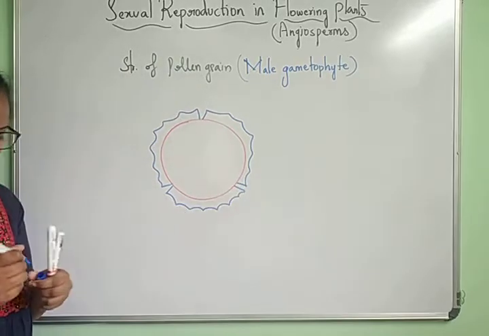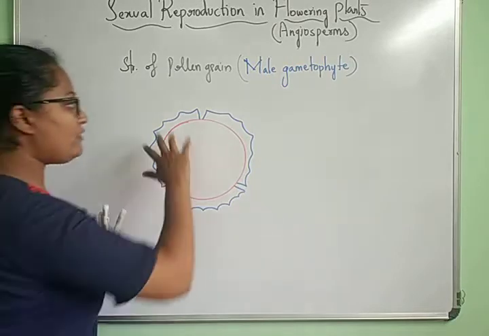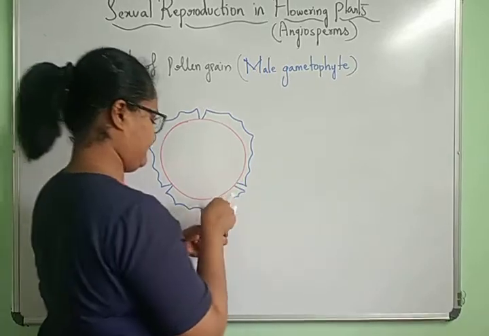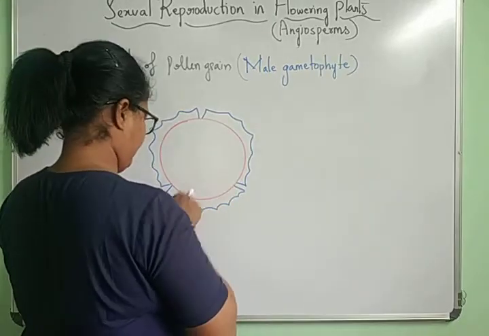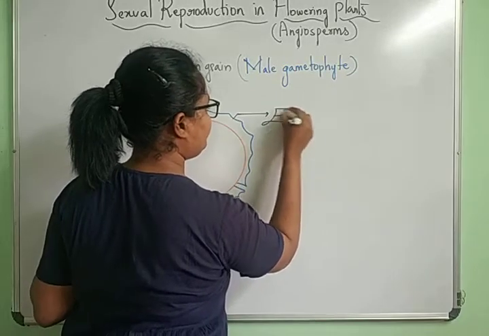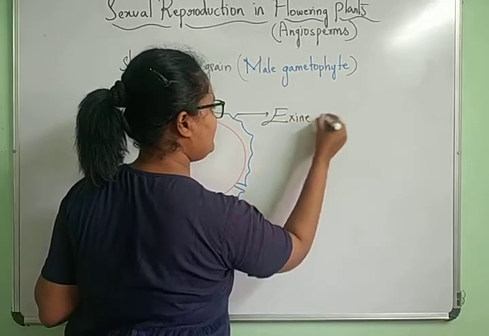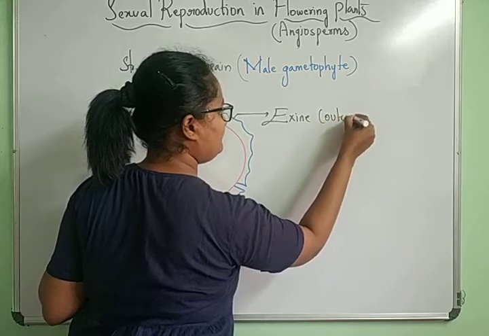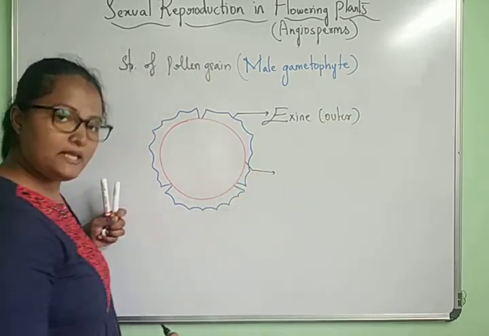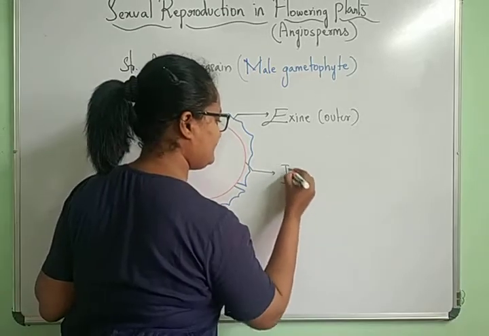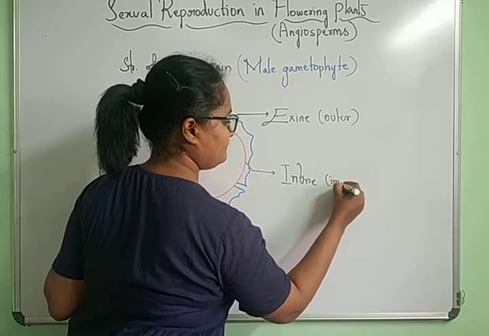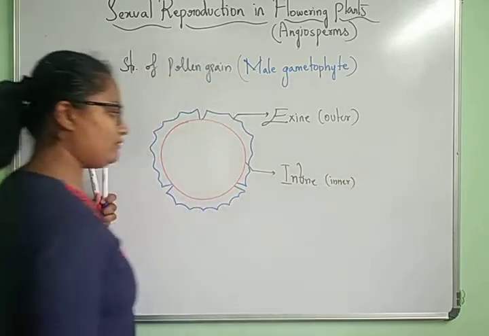The decorative hard outer wall we call exine, which is the outer wall, and the smooth inner wall we call intine, the inner wall.